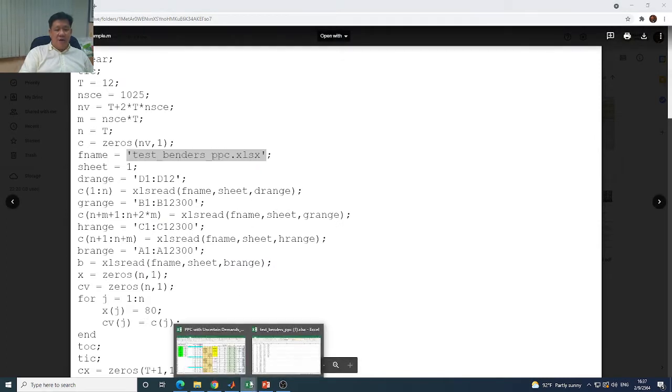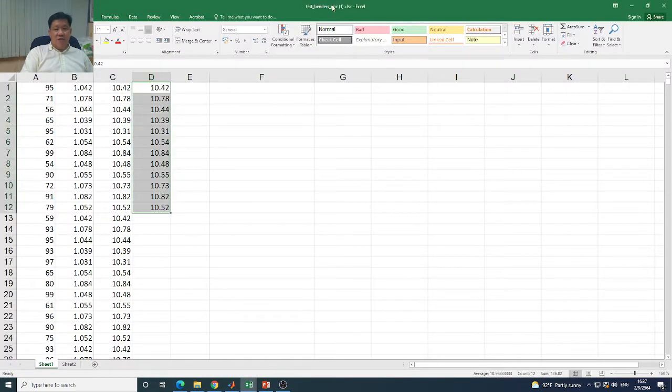In this case, it is the test Bender PPC file here. Remember that column 1, column A, is D_ik, the demand in period i for scenario k. B is H, the holding cost, and C is G, the per-unit I minus cost.